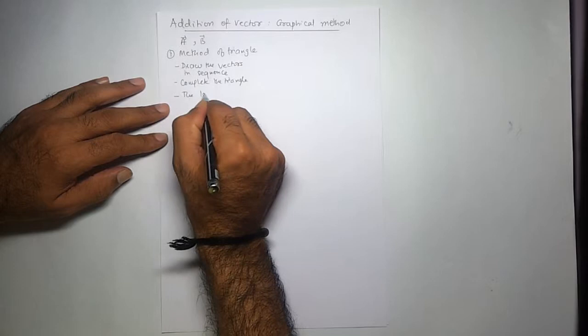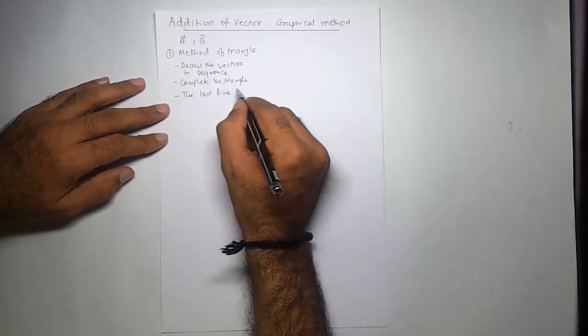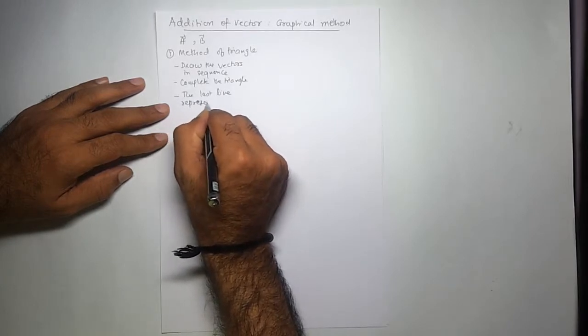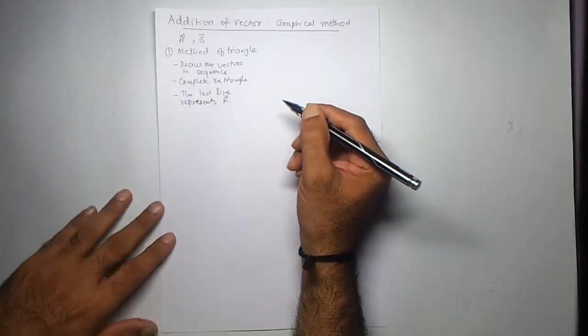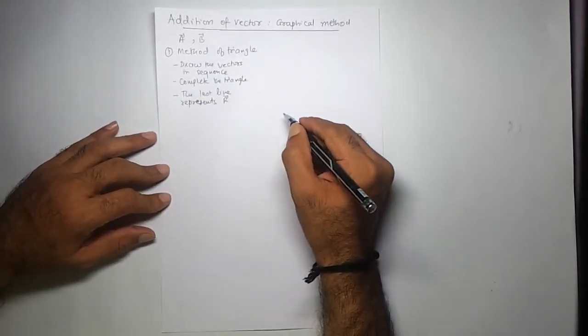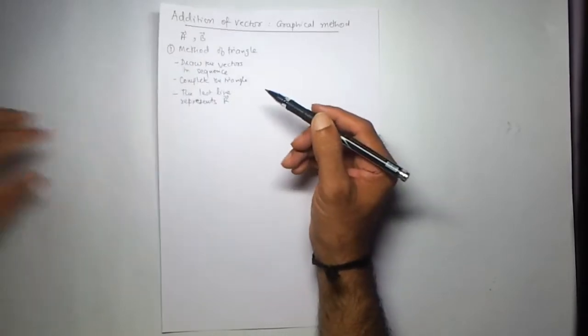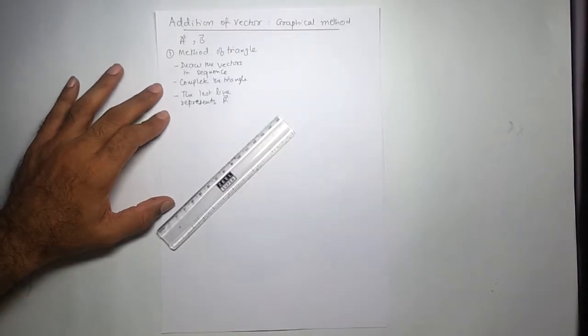The last line which completes the triangle will represent the resultant R of the two vectors. So this is a very simple method of addition of vectors. We will just follow these steps. I'll demonstrate it and show how exactly we do that.